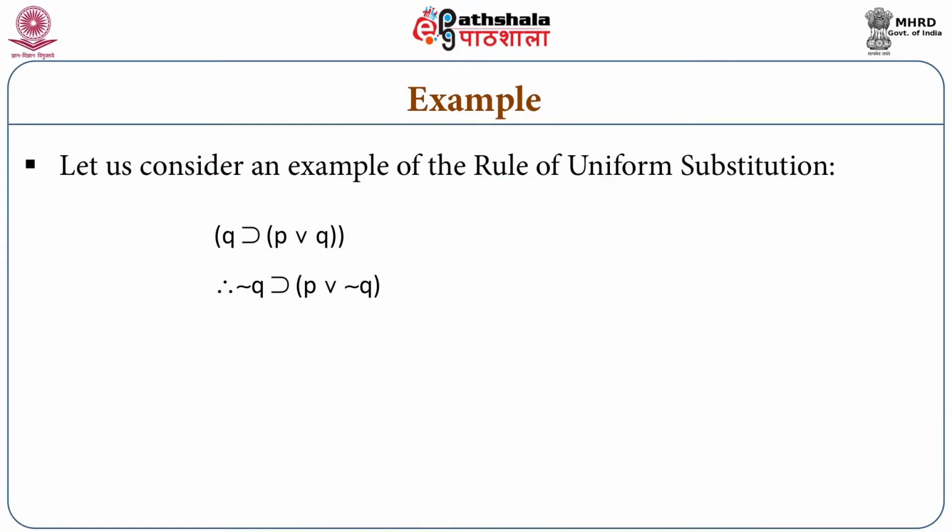Now let me give an example for this rule of replacement. Let us consider this formula. Q implies P or Q. Now every occurrence of Q can be replaced by negation Q. So if we carefully look at this formula, this will still be true.